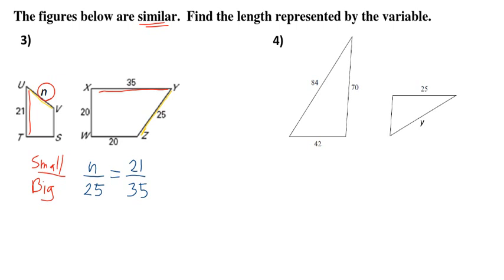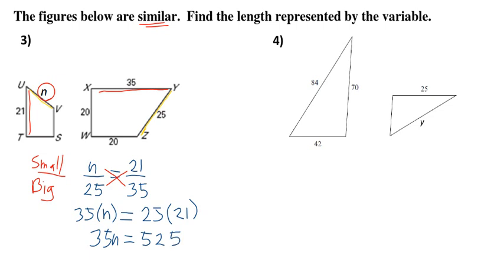And then how do we solve proportions? From algebra, we simply cross multiply. So it will be 35 times n equal to 25 times 21. This is 35n equal to 25 times 21, which is 525.